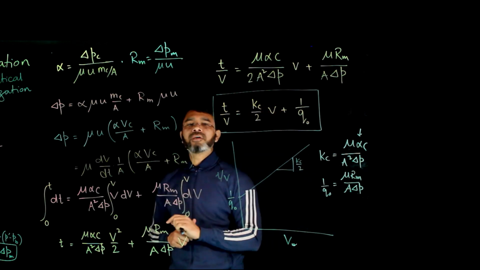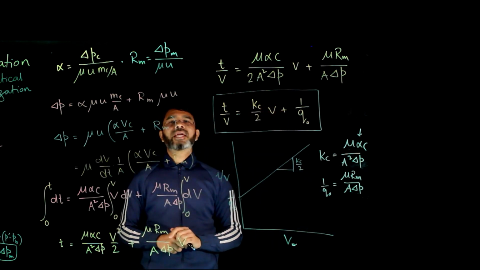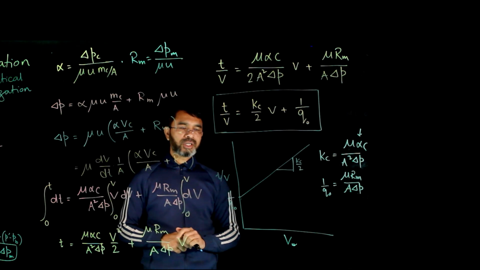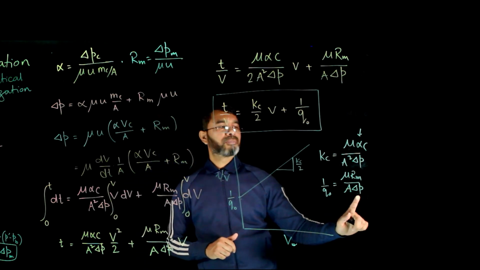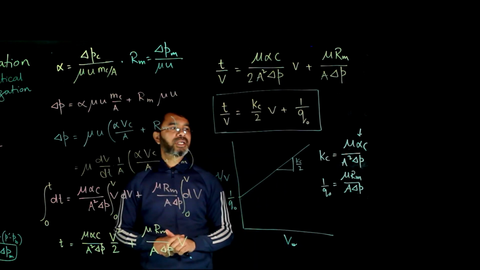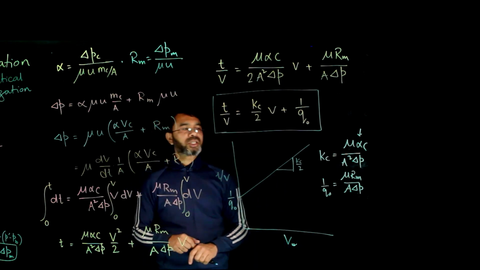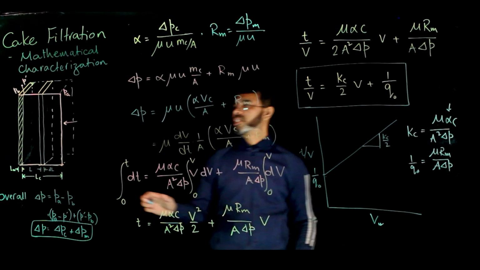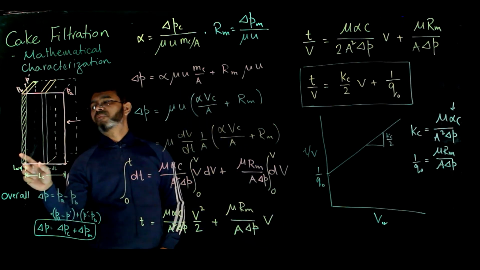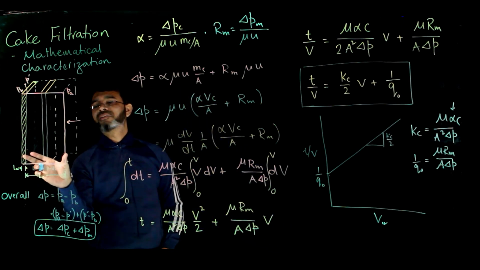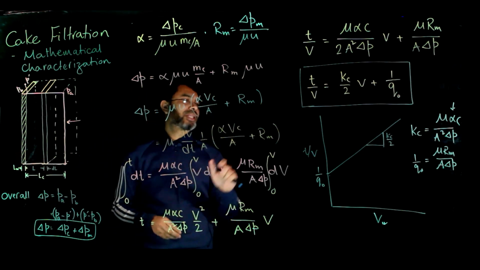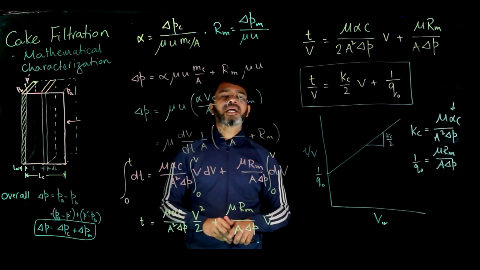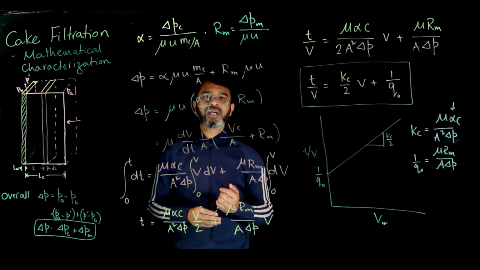Again, going back to the definitions of the specific cake resistance and filter medium resistance, those are expressed in terms of pressure drop, and if you can measure the pressure drop, you can get those parameters as well. Do remember that for this case, you need to measure the pressure drop not at the interface, but the pressure drop in the entire filtration process, meaning the drop in the cake plus the pressure drop in the medium. Using that, you can get the specific cake resistance and the filter medium resistance.